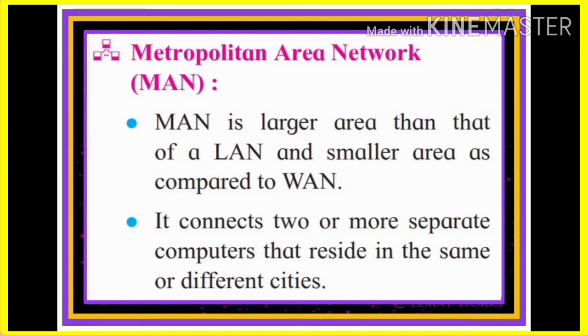Next type is metropolitan area network, that is MAN. MAN is larger area than that of LAN and smaller area as compared to WAN. It connects two or more separate computers that reside in the same or different cities. Means MAN is larger than LAN and smaller than WAN.